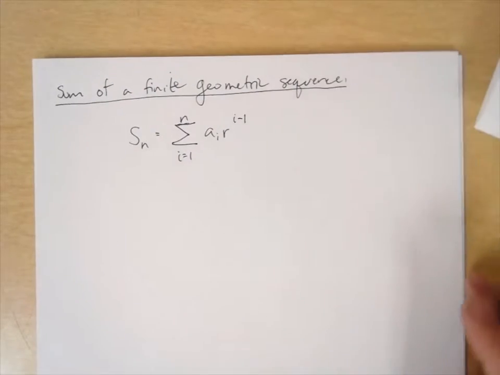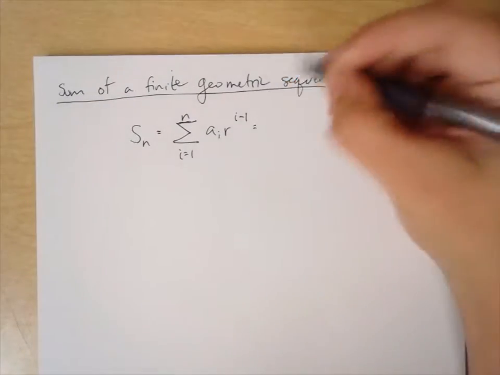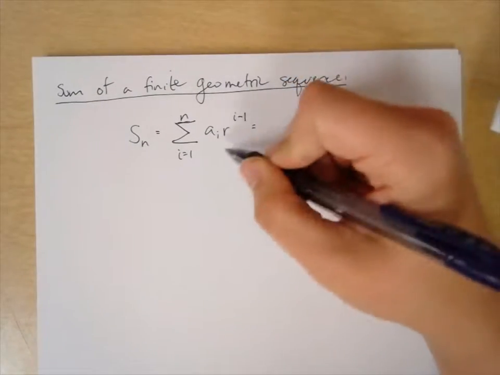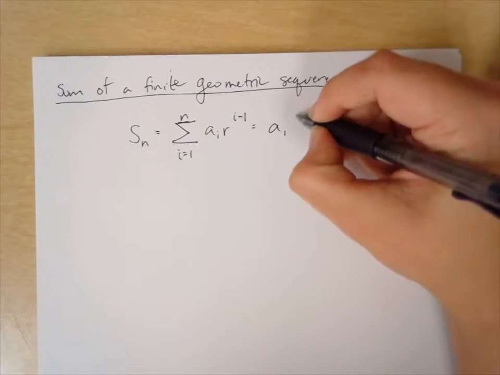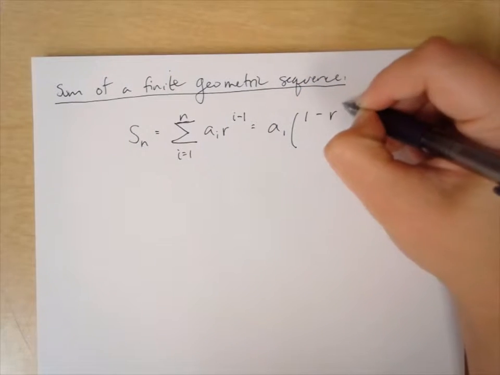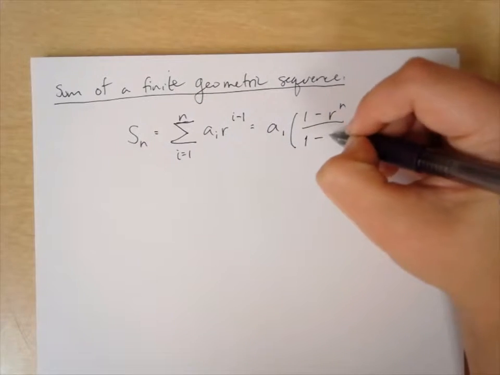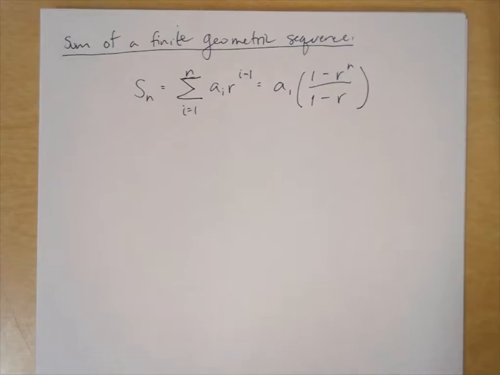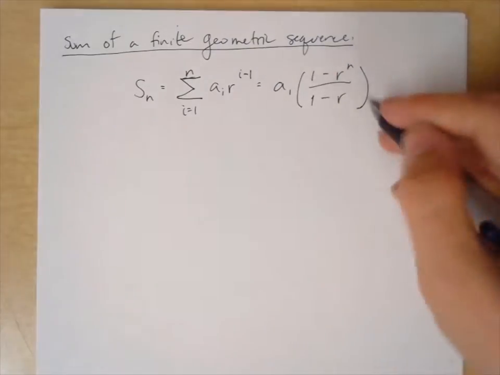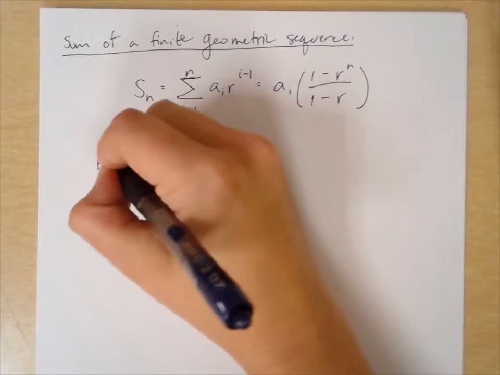That is very similar. And what this is equal to is the formula a sub 1 times 1 minus r to the n over 1 minus r. So let's use both pieces of information to get through an example.